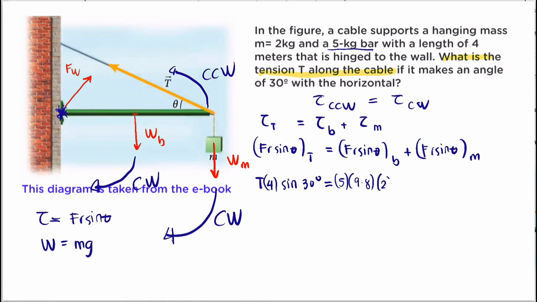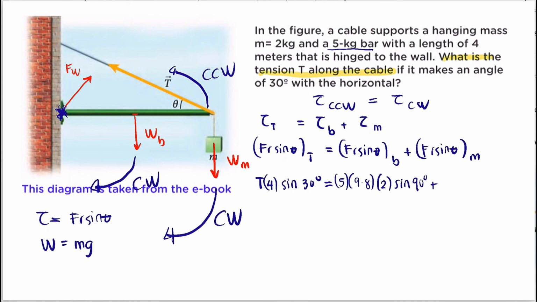So I would say 2 sine, and our angle here is 90 degrees because the weight of the bar is directed perpendicular to the bar. So the line of action is this, and then the force is directed downward, so we will have 90 degrees.